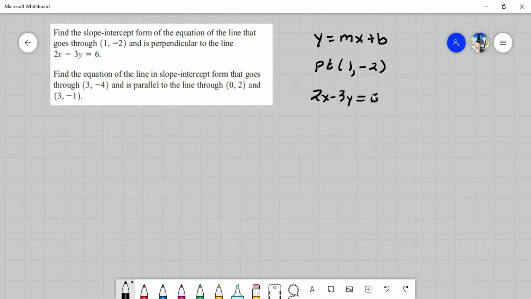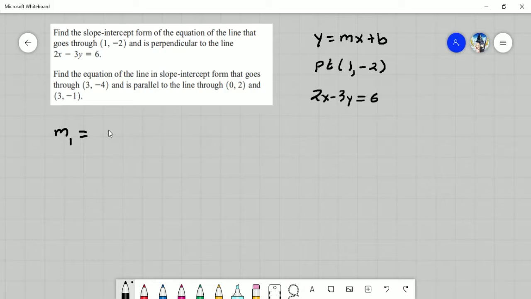The key feature of lines being perpendicular to each other is about their slopes. That's the main point. For two lines that are perpendicular to each other, the slope of one line is the reciprocal and negative of the slope of the other.